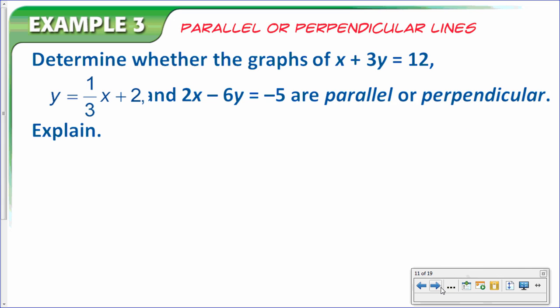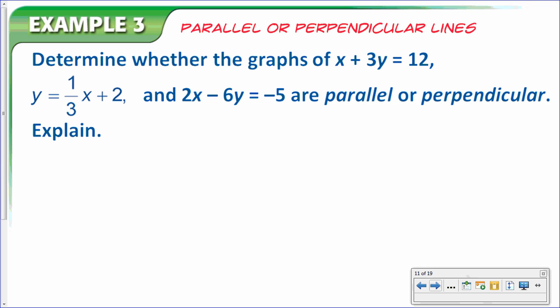Determine whether the graphs of x plus 3y equals 12, y equals 1/3 x plus 2, and 2x minus 6y equals -5 are parallel or perpendicular, and then explain. So what do I need to match up? Where do I need to see if this is the same or match up? So the slopes, right? So do I need to do something to this equation?